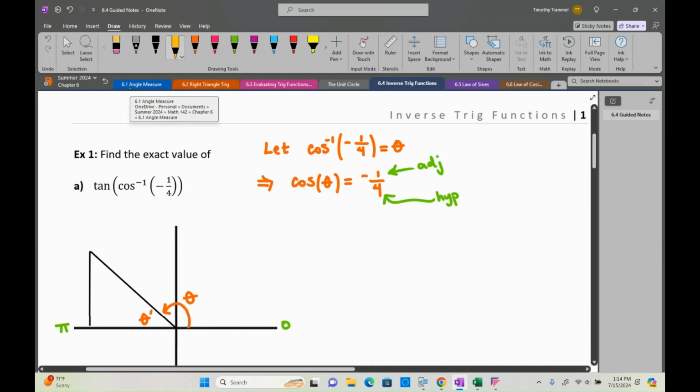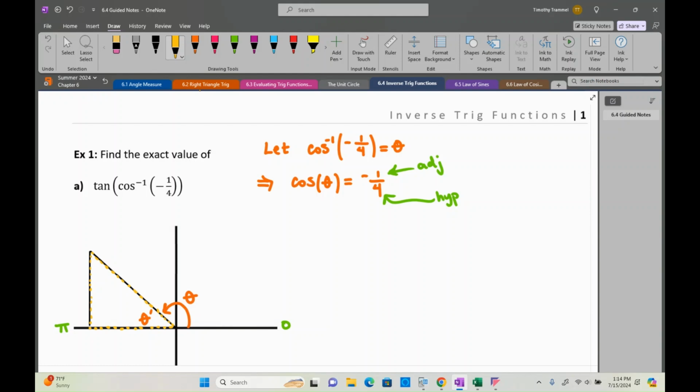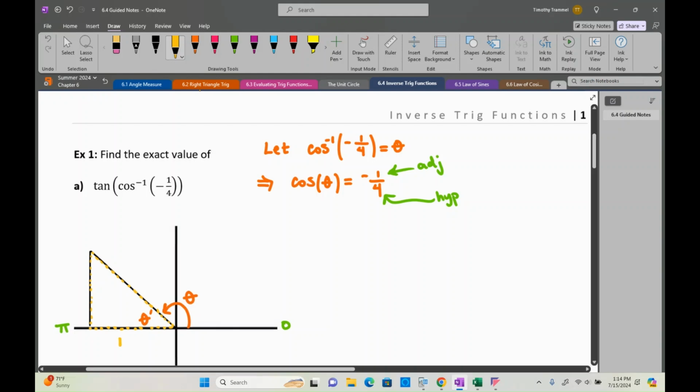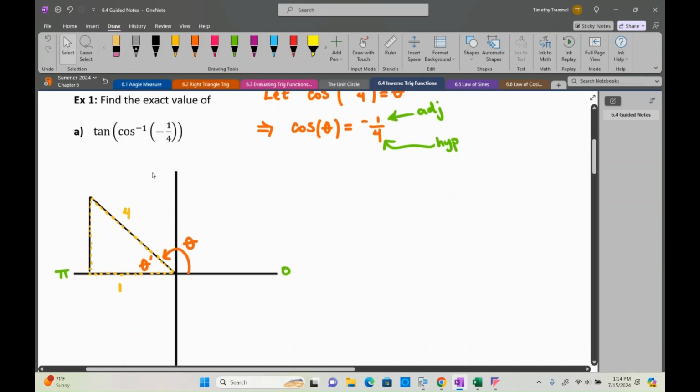If I want to, I can make it clear what the side lengths of this triangle are. I'm just going to put in some dotted lines here to make it clear exactly what we're focusing on. All right, and you can see over here we wrote adjacent and hypotenuse. So over here on the adjacent side, I'm going to put a 1. And for the hypotenuse, I'll put a 4. Okay, right, adjacent over hypotenuse.